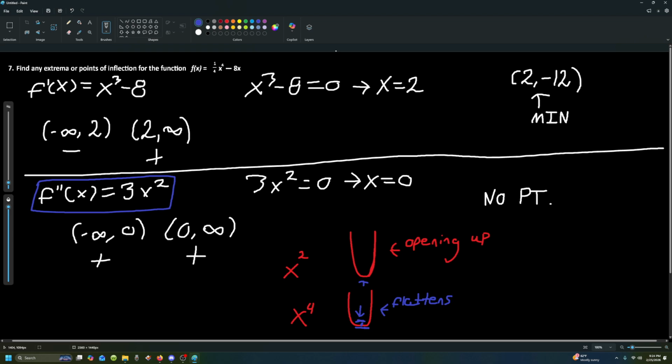To be honest, I'm not really even sure that you'd call it a vertex because it flattens out. But I'm sure you get what I'm trying to say. So while there is no concavity, there isn't actually an inflection point because concavity doesn't change. It's always still up like a cup. So that's why there isn't an inflection point. Though we do have our minimum of 2 comma negative 12.